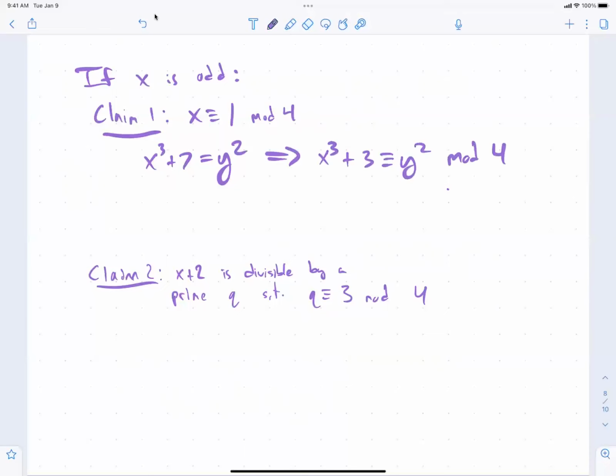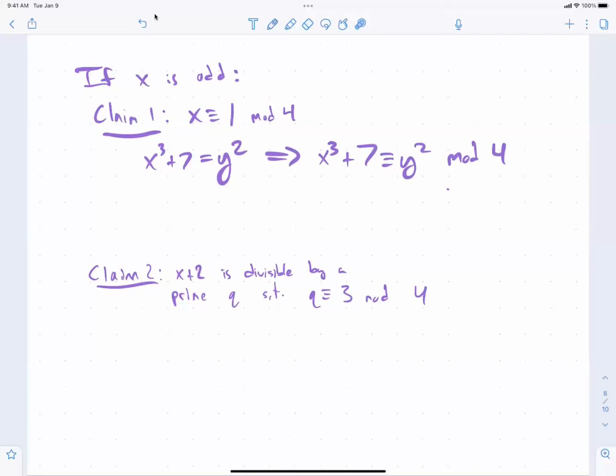If x cubed plus 7 is equal to y squared as integers, definitely they're congruent to each other. I'll just leave this as a 7, we could change it to a 3 once I go mod 4. So x cubed plus 7 is congruent to y squared mod 4.